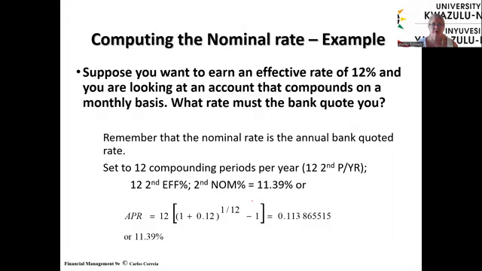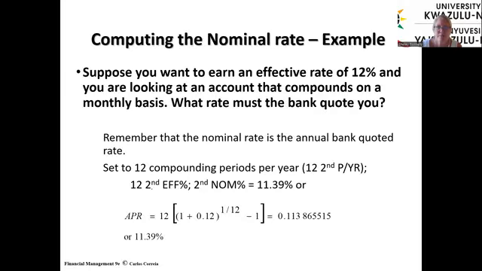Here's an example using both the calculator and that formula. Suppose you want to earn an effective rate of 12%. You're looking at an account that compounds on a monthly basis. What rate should the bank quote you? So you have the effective rate, what you actually want to earn, but you want to know what the bank must quote you on the basis of monthly compounding.